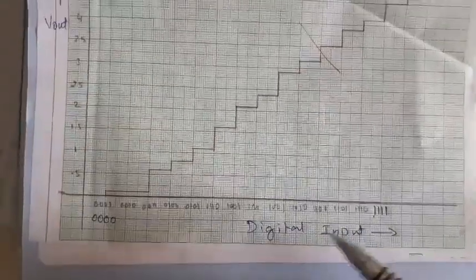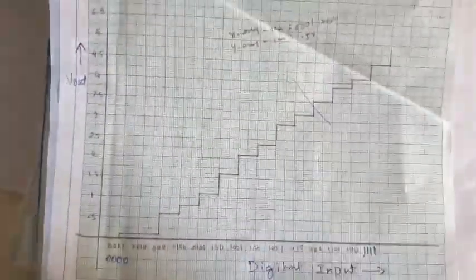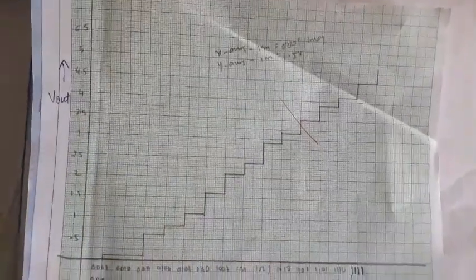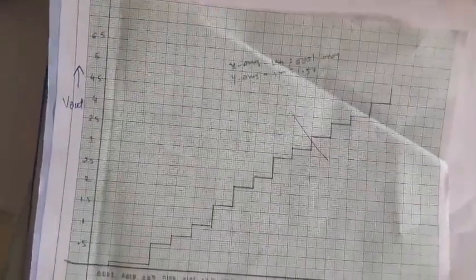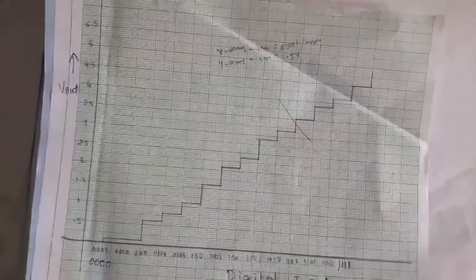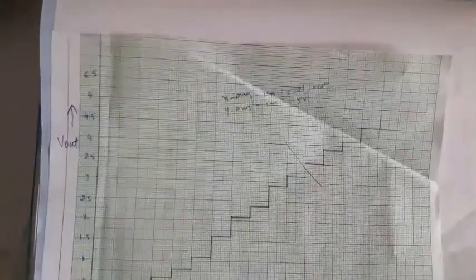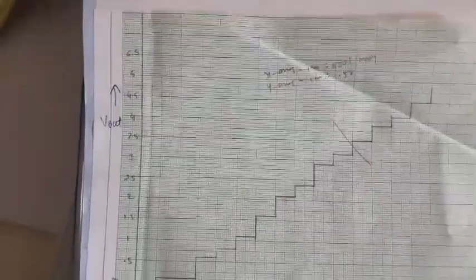You have to obtain this and draw it on your graph sheet. So this will end your digital to analog conversion, DAC, digital to analog converter using R2R ladder network. Okay, thank you.